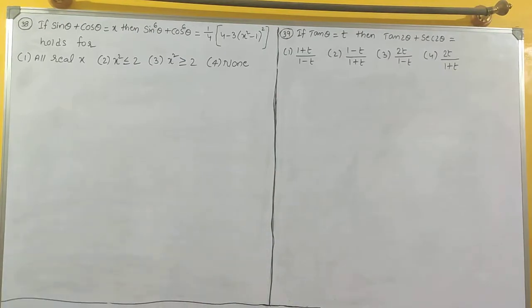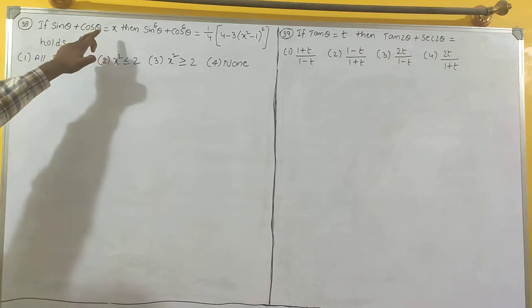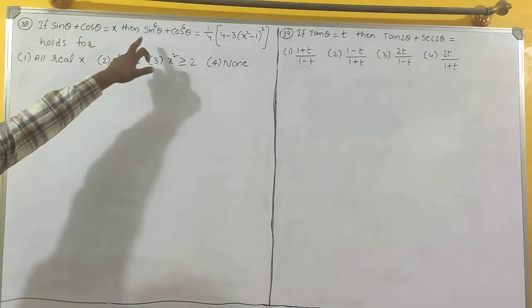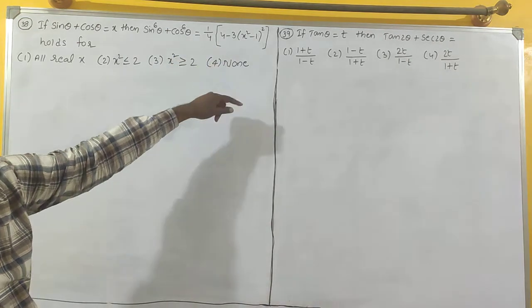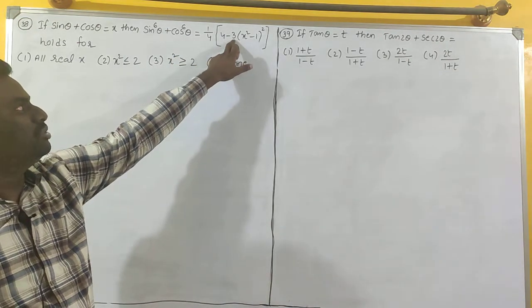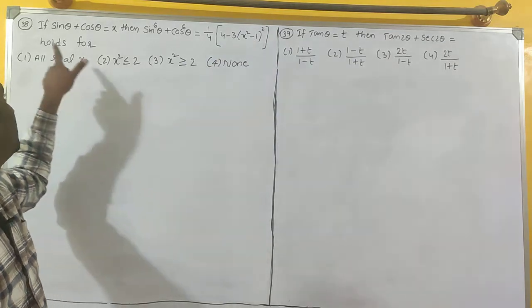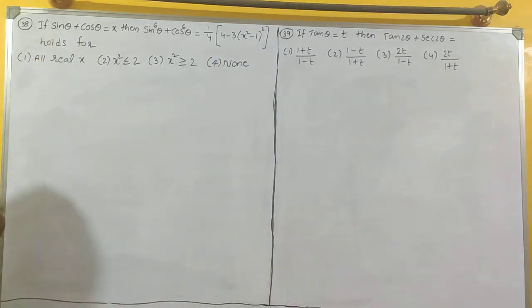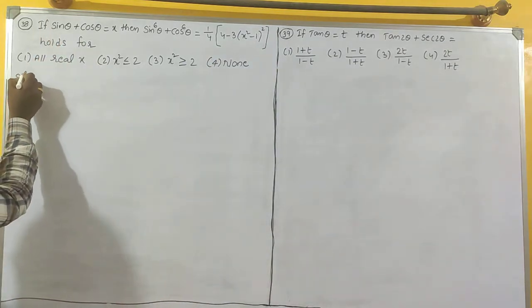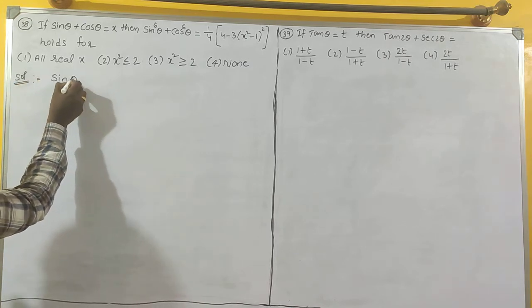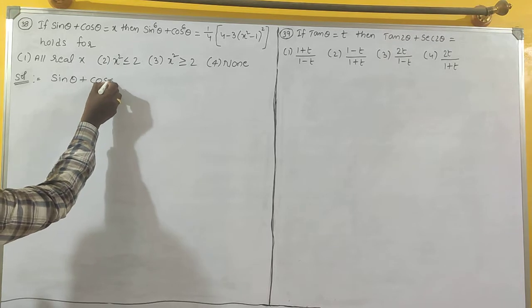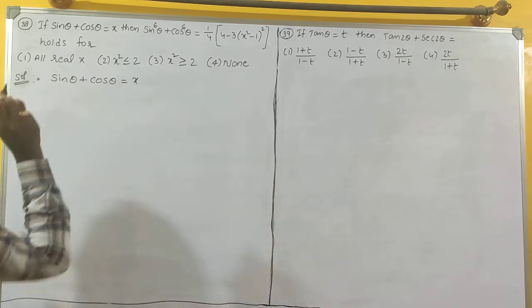Okay, in the next question: if sin theta plus cos theta equals x, then sin power 6 theta plus cos power 6 theta equals 1 by 4 into 4 minus 3 into x square minus 1 whole square. It holds for... Okay. Here the given condition is sin theta plus cos theta is equal to x.